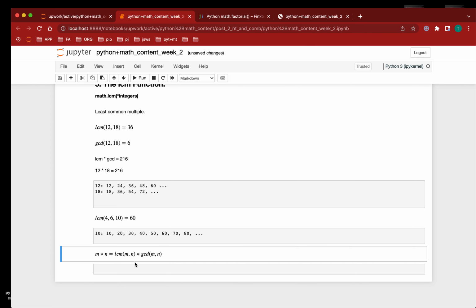In order to calculate the LCM of 3 or more numbers, we actually have a relation as we did for GCDs. So if we wanted to calculate the LCM of A, B, and C, we can just calculate the LCM of the first two and then calculate the LCM of that with the third.